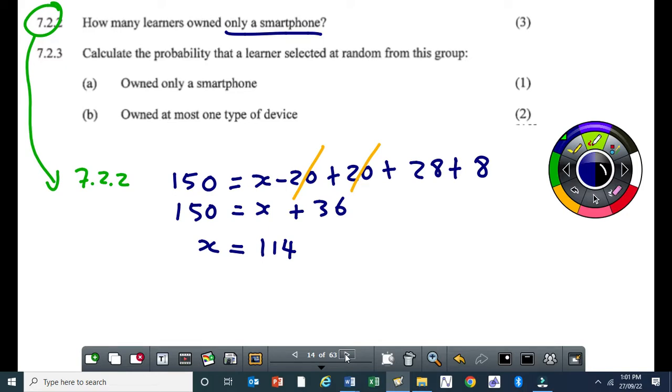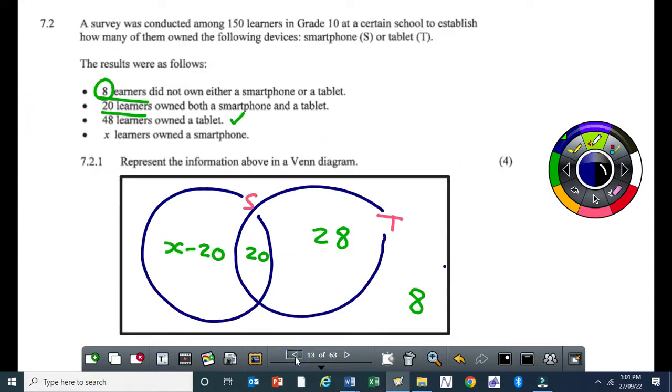So if you want to solve for x, we have to use everything in the Venn diagram. Then, if you want to know those learners who own a smartphone only, we substitute the x here and determine the actual number of learners who own a smartphone. The number of learners who own a smartphone only is not x, it's x minus 20. So you have to solve for x first.